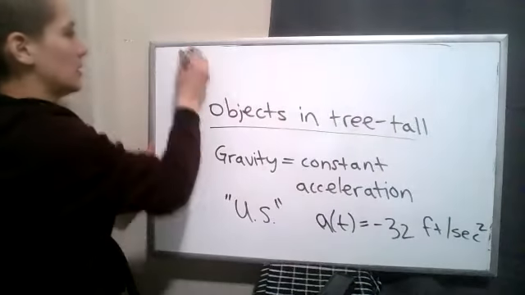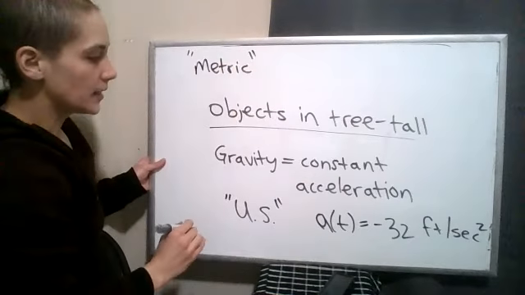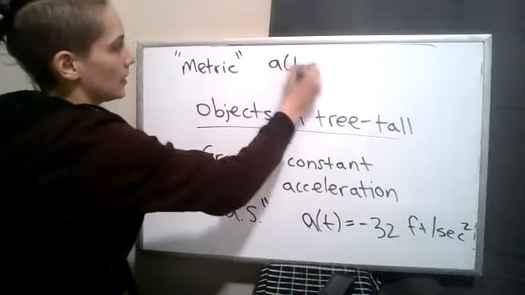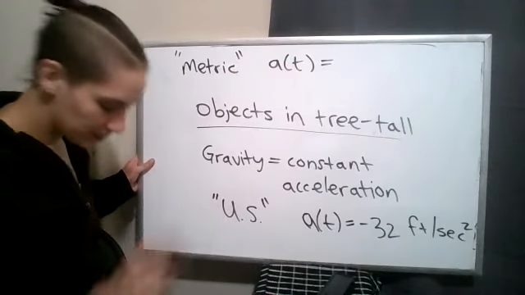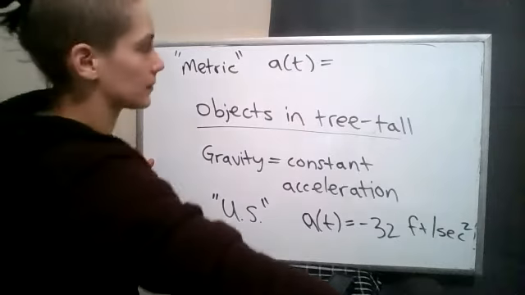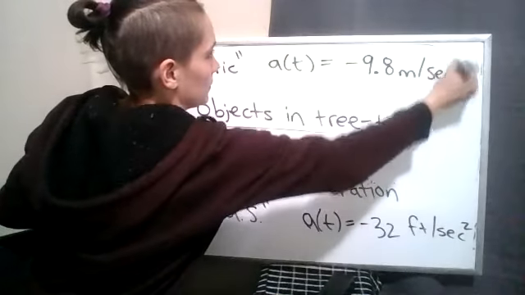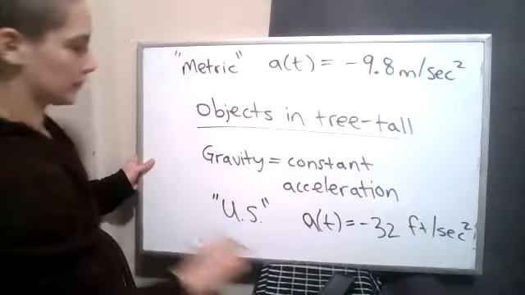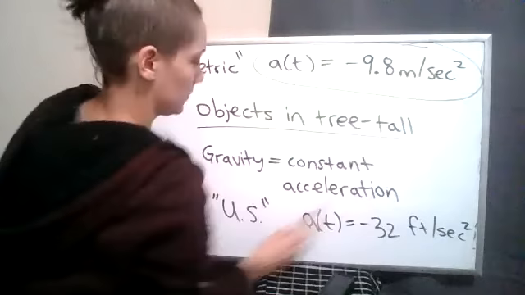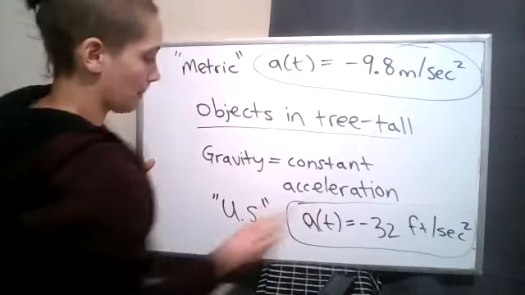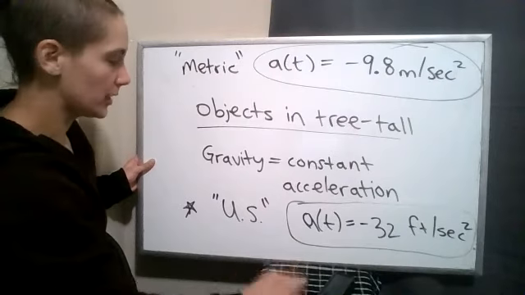So we'll put metric. And your acceleration function, A of t, would be negative 9.8 meters per second squared. Okay, so again, we're mostly going to use this one, but just check what your units are in your function.